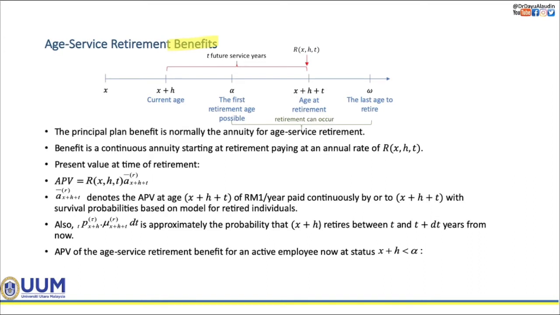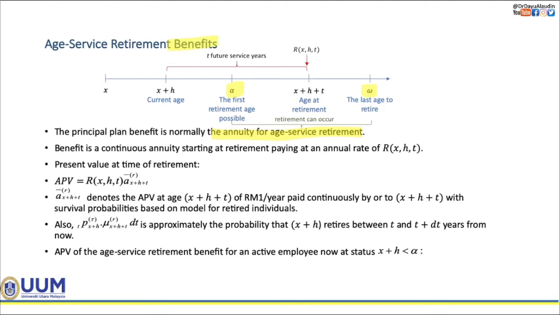So we use the principal plan benefit, which is normally the annuity for age service retirement. Retirement can occur from alpha to omega, from the first retirement age possible for alpha until the last age to retire.